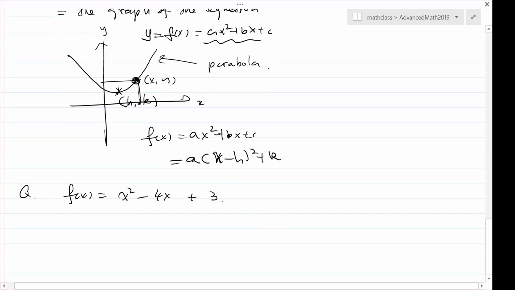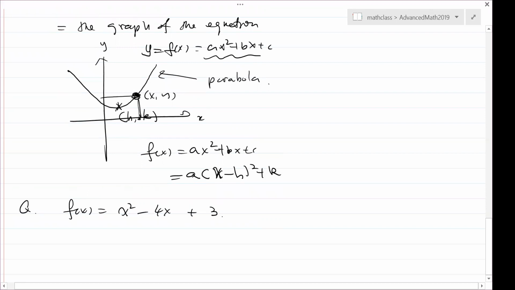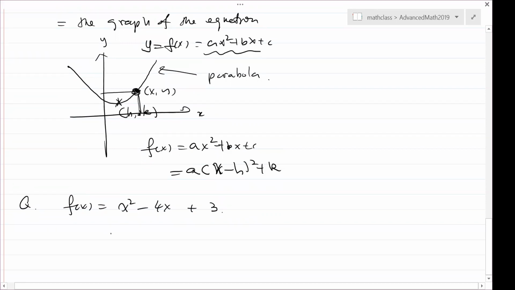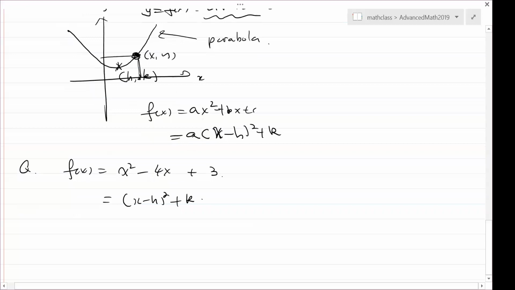I know this looks like a parabola. The graph of a quadratic function, and I know the parabola opens upward. I do want to know the vertex. So how can I express it in the form, where a is going to be 1 here? How can I express it in h and k?